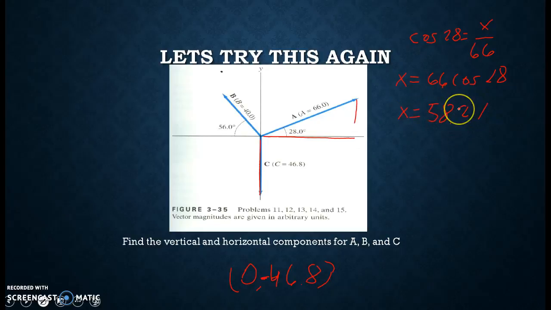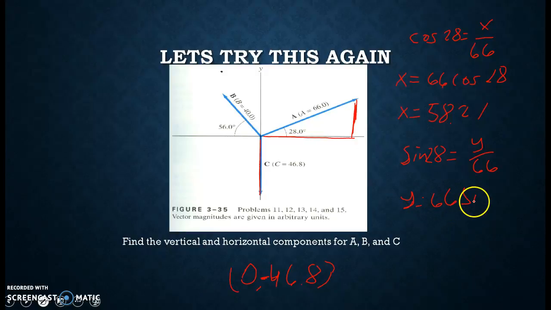Then if we want to find the y coordinate, that's the vertical component, the opposite side. So I could say that the sine of our angle, which is 28 degrees, equals the opposite side, which is y, over 66. But if I multiply both sides by 66, maybe I don't need that step. I can just remember that y equals the magnitude, which is 66, times the sine of 28 degrees.